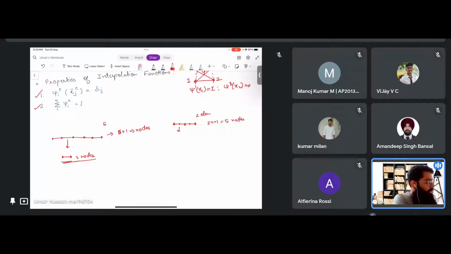And for each element we have 3 nodes. Yes, the n is basically the order of the polynomial. I think it must be that only. Okay, is there any other doubt?